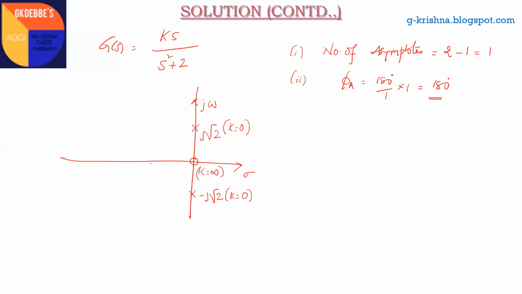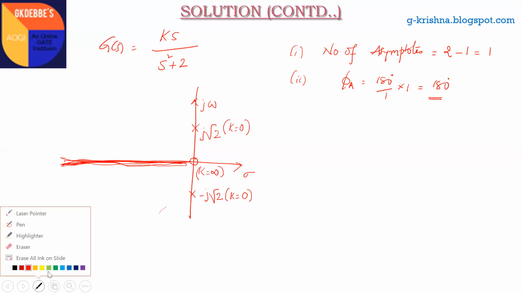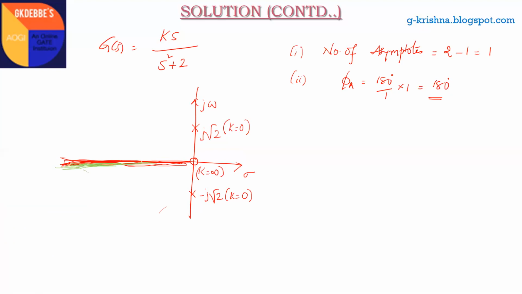That's why the root locus lies on the real axis between 0 to minus infinity. Let us show that with a different color, green color, to show the root locus existence on the real axis.